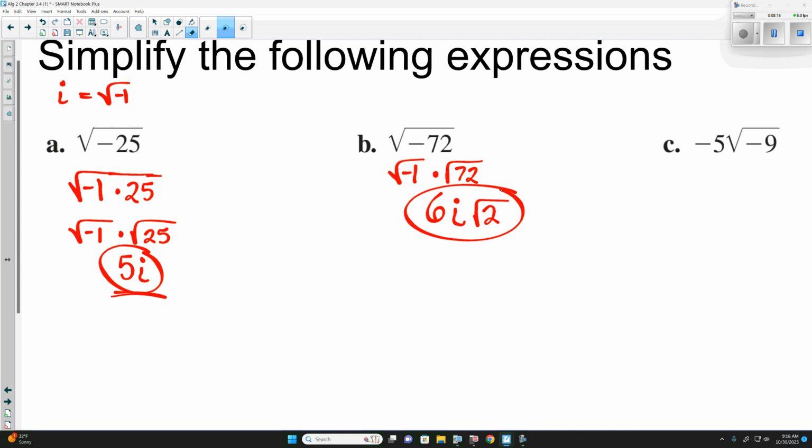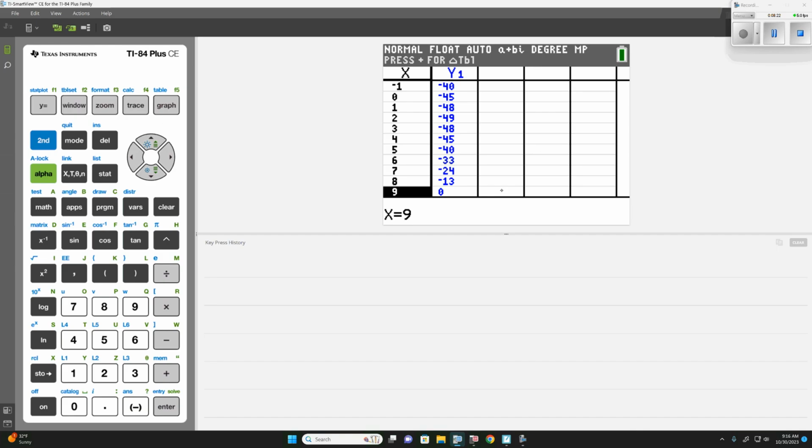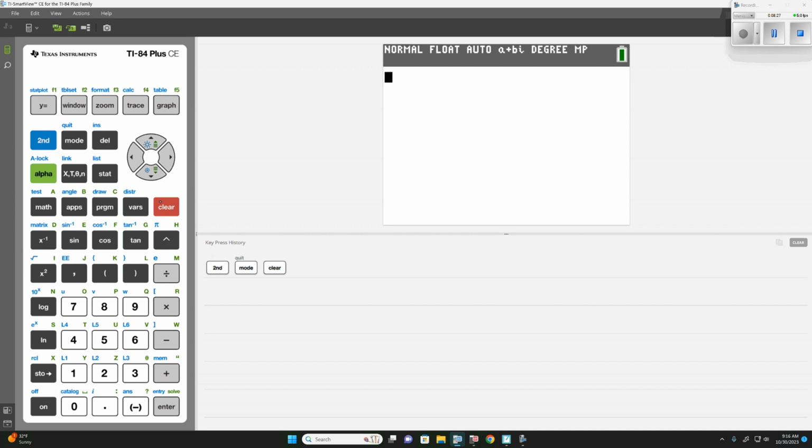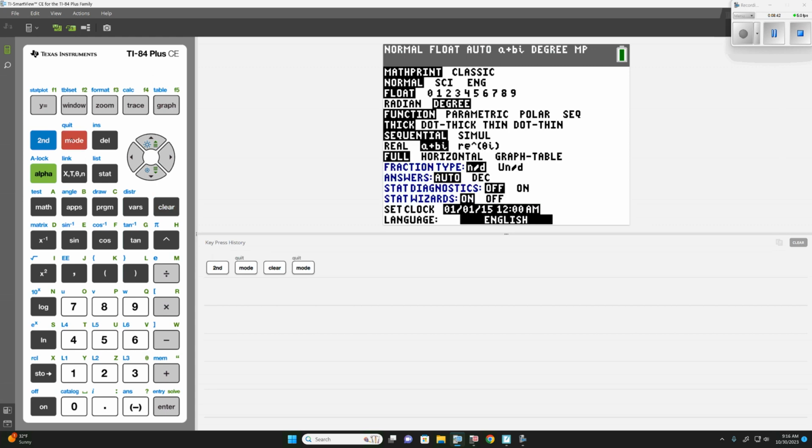Now the question is, can the graphing calculator do these? And the answer is yes, but it has to be in a plus bi form. So if you see between auto and degrees, it does say a plus bi. It'll do those there. Now if it says real instead of a plus bi, if we click mode, this is the mode, it's how it's set up.